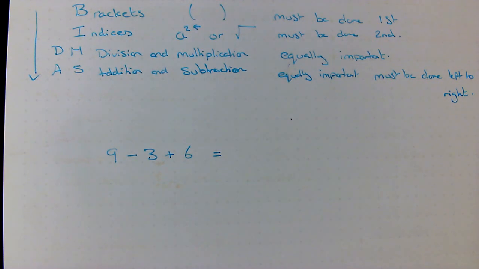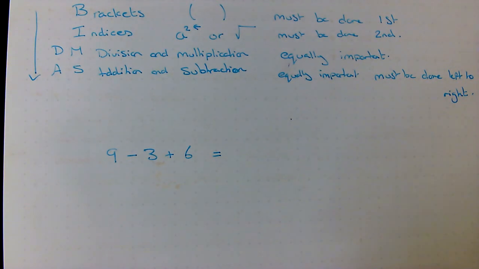Now if you did the addition first, you would be doing the 3 plus the 6, which is 9, and then that would be 9 take away 9, which is 0. Okay, well 0 is not the correct answer here because addition doesn't come before subtraction in the way that we're seeing it here. Okay, they're equally important, let's do them left to right.